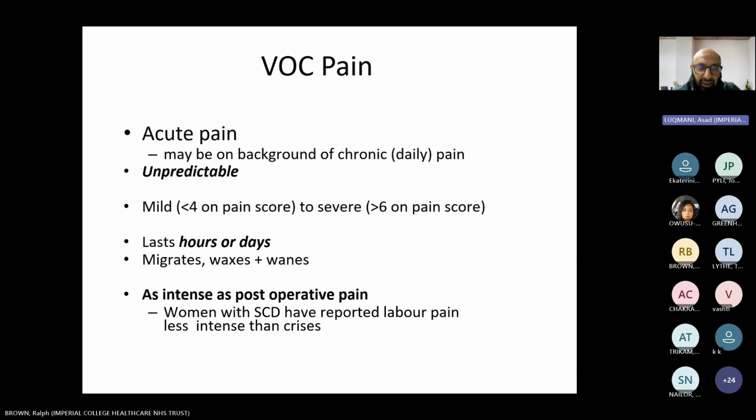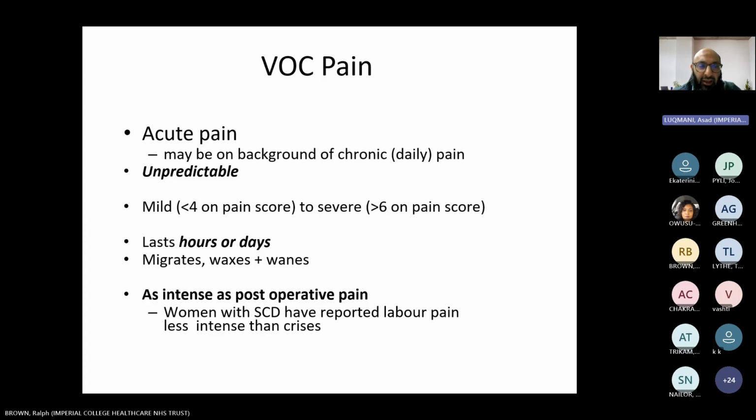There are various ways in which we assess and categorize their pain, various different types of pain scores. Commonly, one of the scores used is a 1 to 10 scale, on which less than 4 would be classified as mild pain, and more than 6 would be classified as severe pain. In other institutions, they tend to focus more on mild, moderate, and severe rather than use a 1 to 10 scale.